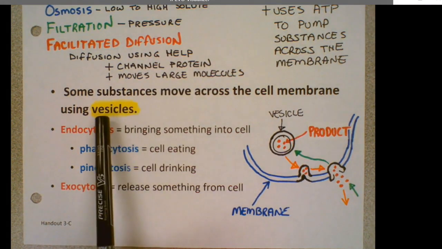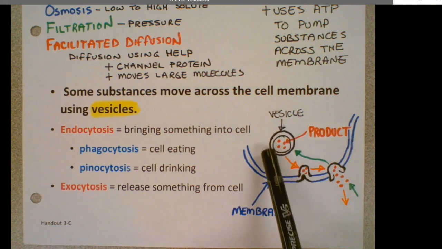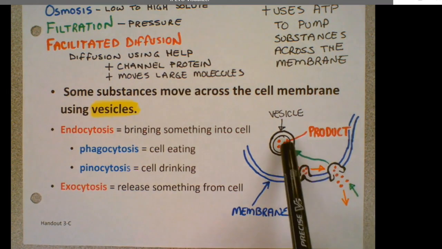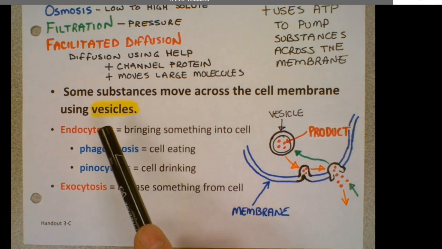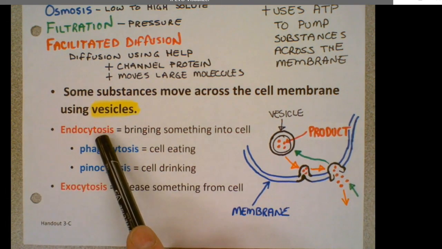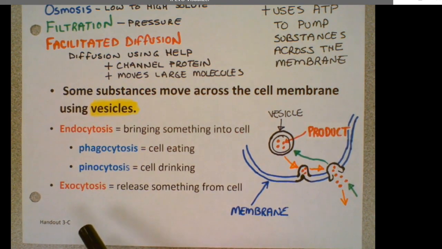Vesicles are little pouches of plasma membrane that either bring in a product or excrete a product. So if we bring stuff in, that's called endocytosis. If things move out of the cell, that's called exocytosis.